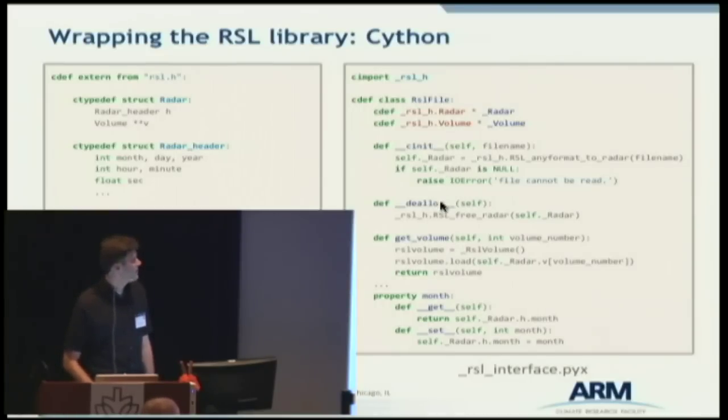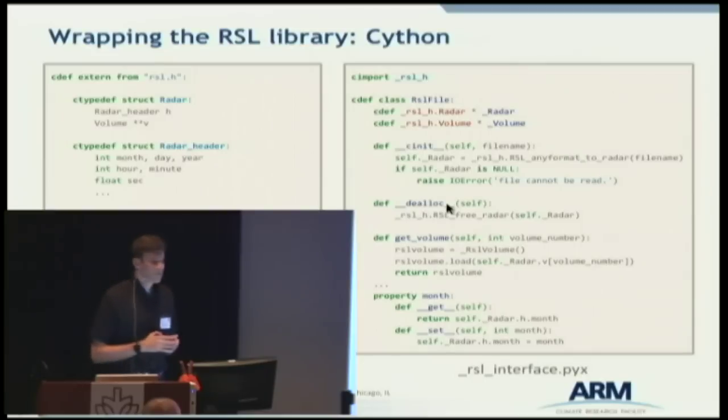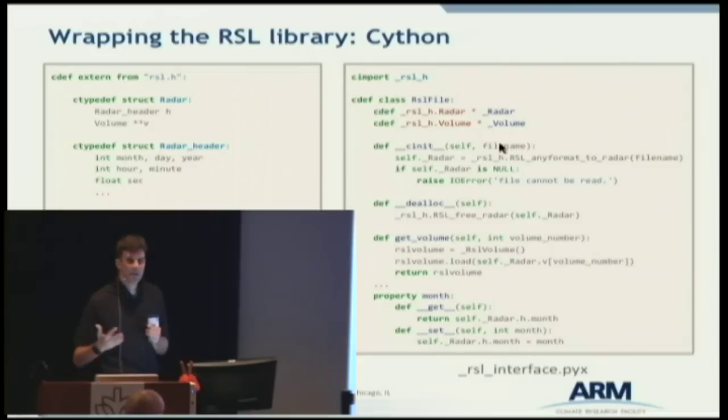And we can define 2 special methods here. So there's a cinit. So this actually gets called before the Python init function. And this can basically allocate memory if needed. And so in this case, we're going to give it the file name that we want to read, and we're going to pass that file name to this RSL any format to radar.